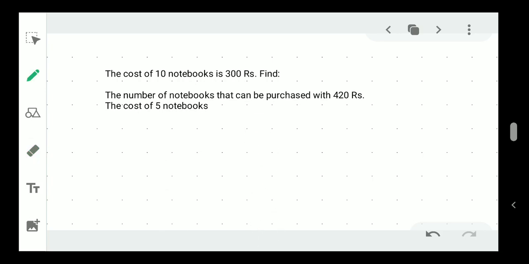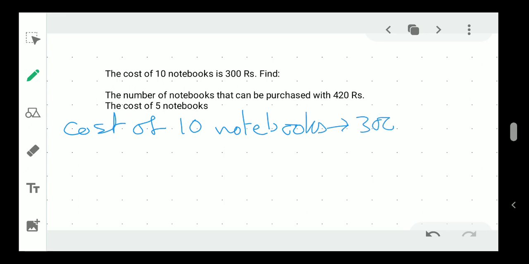The first way: the cost of 10 notebooks is 300 rupees. We have to find the number of notebooks, and you must remember that what you have to find out will be on your right hand side.